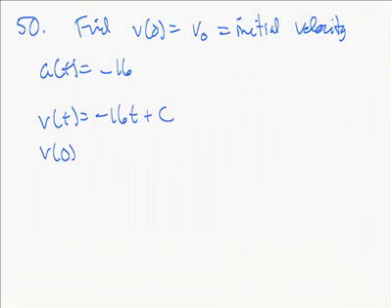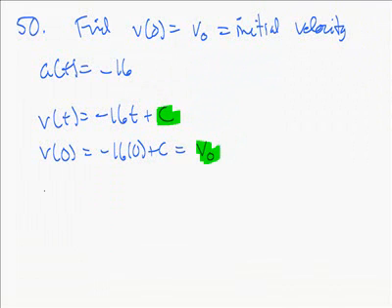If I put 0 in for t, I get negative 16 times 0 plus c, which is equal to my initial velocity, v sub 0. So I'm going to replace the c with v sub 0. Your velocity is going to be the antiderivative of the acceleration plus the initial velocity, at least in this case: negative 16t plus v sub 0.